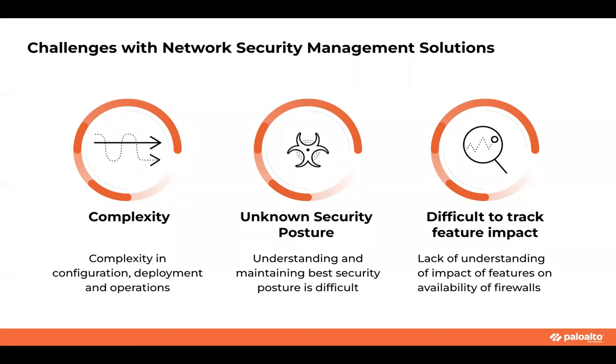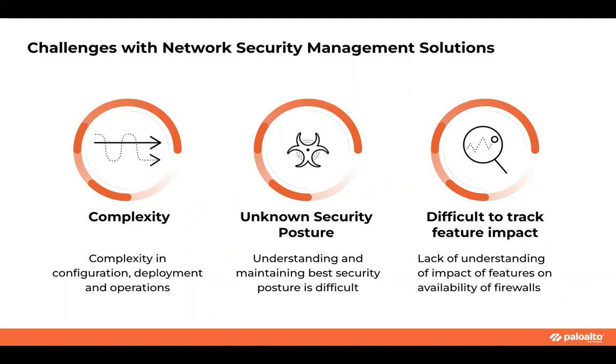When we thought about coming up with a cloud-based management solution, we looked at what all the problems are that the existing management systems have. Panoramas were born out of managing next-gen firewalls, but managing cloud services puts new kinds of constraints in play.